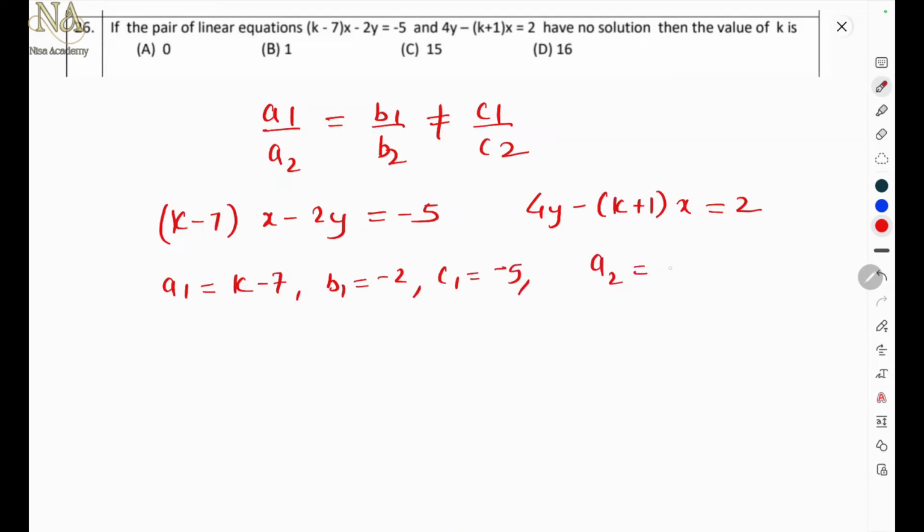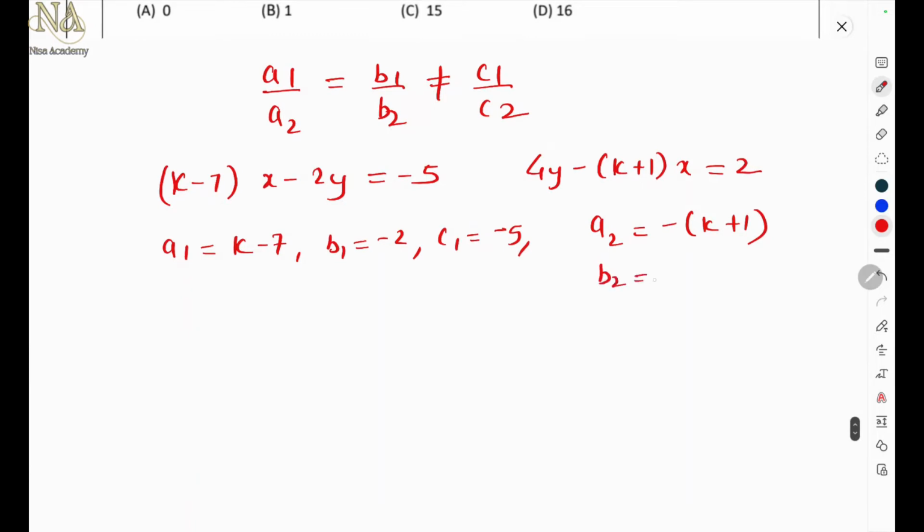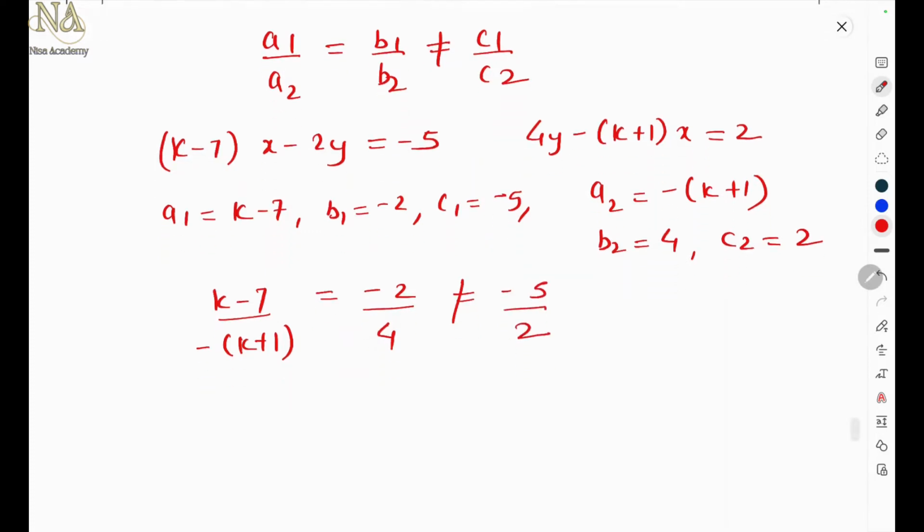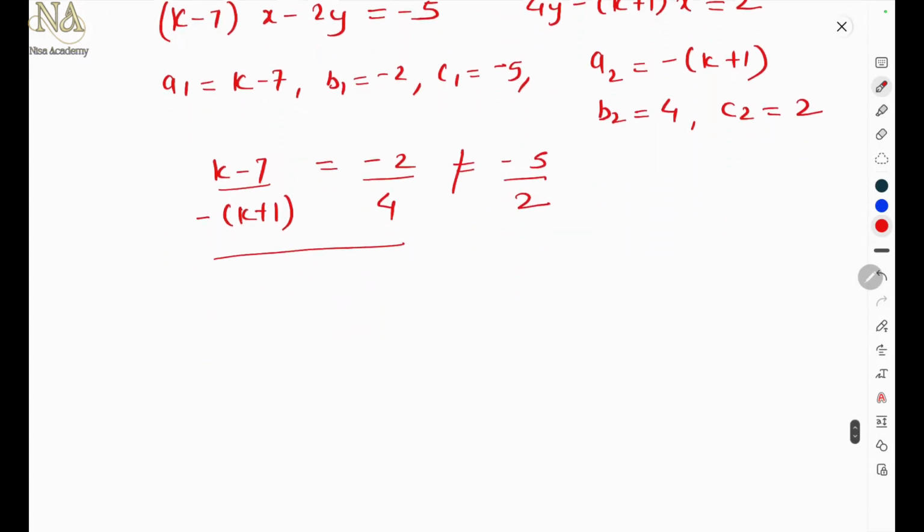Here A2 is minus (k plus 1), the coefficient of x, B2 is 4 and C2 is 2. So now let's put (k minus 7) upon minus (k plus 1) equal to B1, minus 2 by 4, is not equal to what? Minus 5 by 2. So we'll take just the first two.